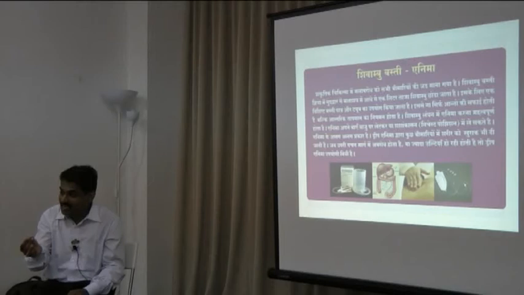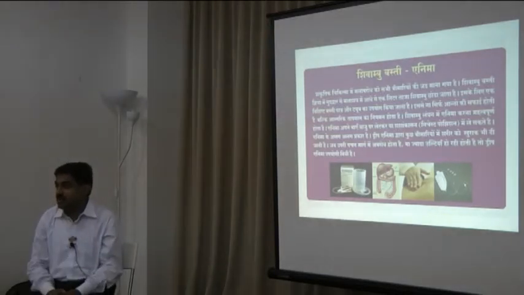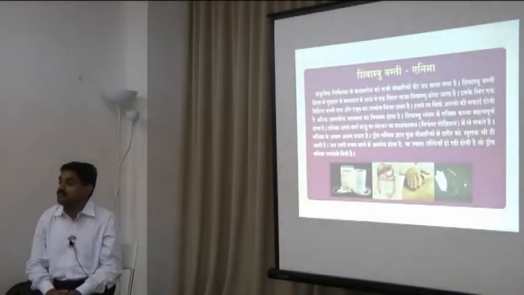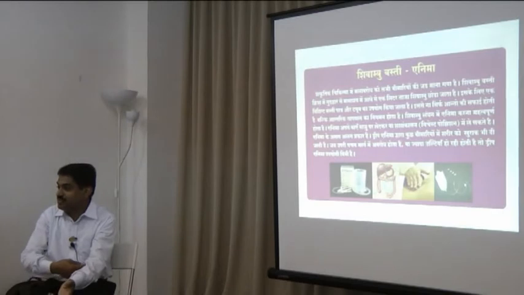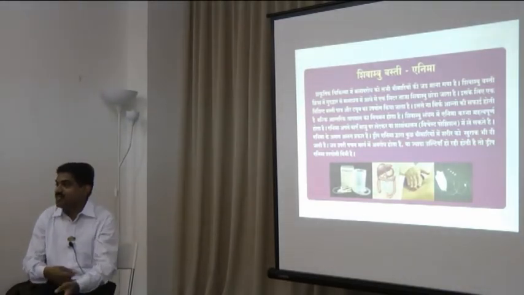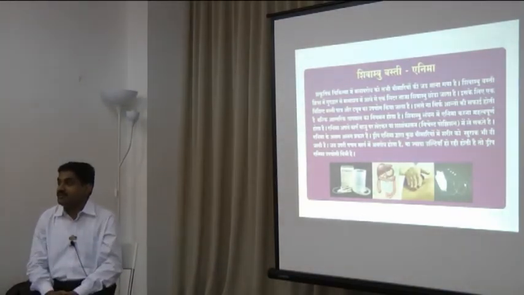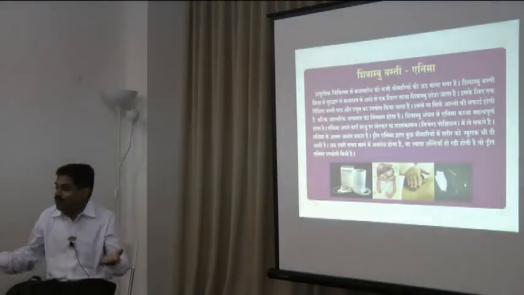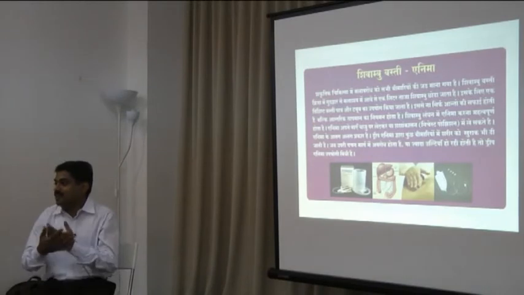We inserted that catheter deep into the intestinal tract and started giving her what is called a drip enema. The way we give a drip in intravenous injections, similarly we gave her a drip enema. Since her body was dehydrated, whatever we were sending inside was absorbed.